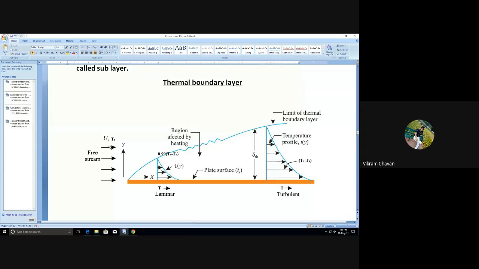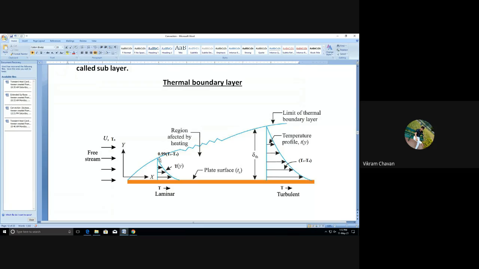The initial free stream temperature is T_A and the surface temperature is T_S. So the initial temperature difference is T_S minus T_A, and we want 99% of T_S minus T_A. The vertical distance from the plate surface to the point where we get that is known as the thermal boundary layer thickness.